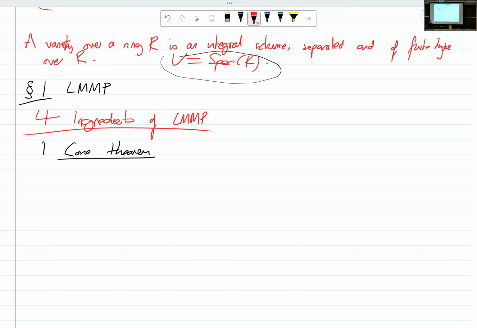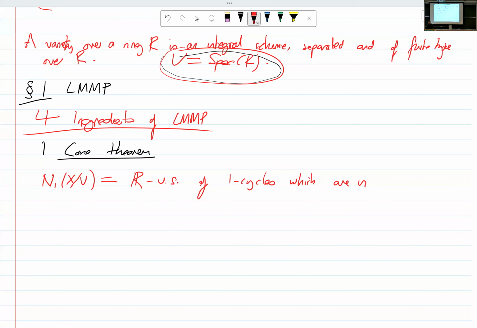This is saying you have this cone of curves, and you look at the shape of the K-negative part. Everything is relative to this V. So I'm going to be looking at the R vector space of 1-cycles which are vertical over V, modulo numerical equivalence. Inside this we have the effective cone, the closure of the cone of effective 1-cycles.